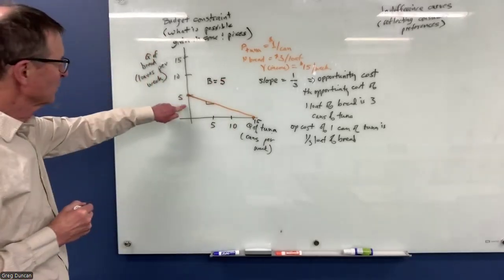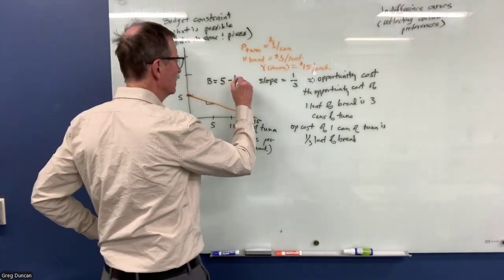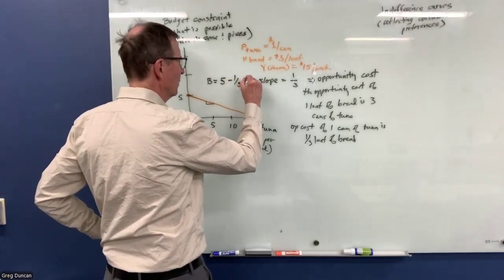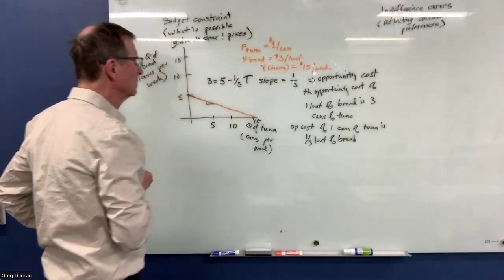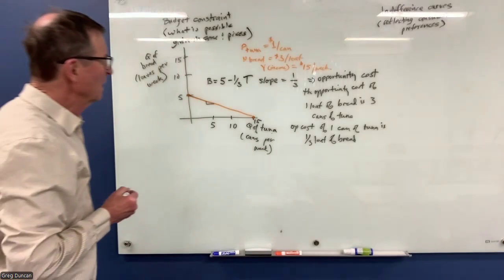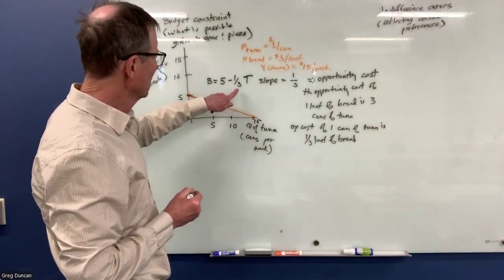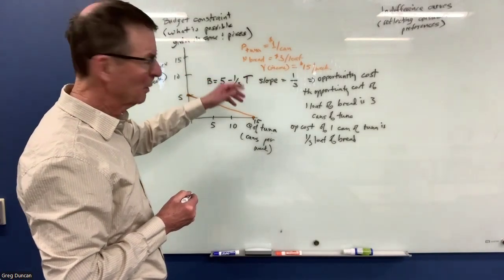That's the intercept, right? Minus 1/3 tuna. So that's sometimes budget constraints are expressed that kind of way.